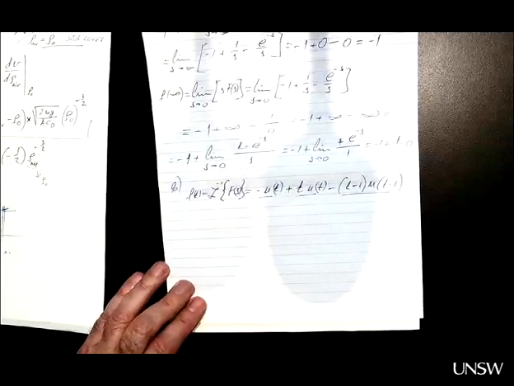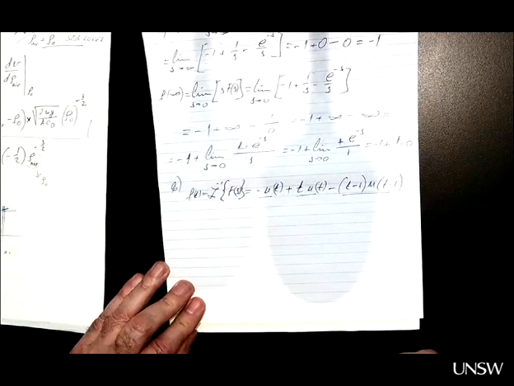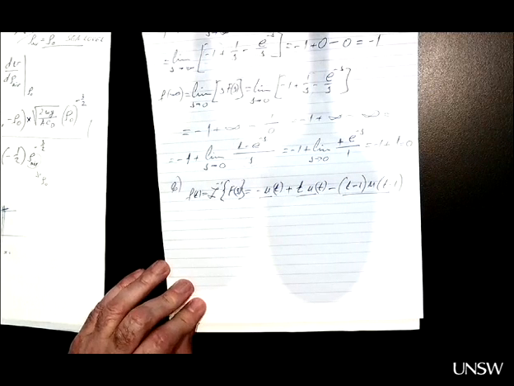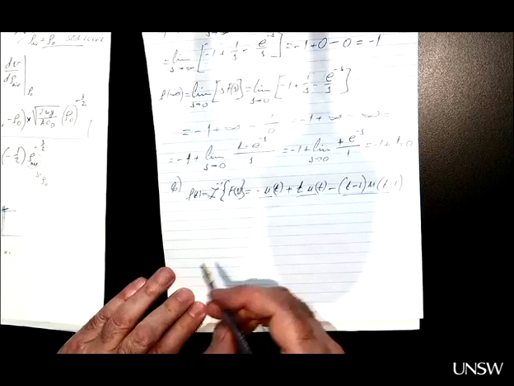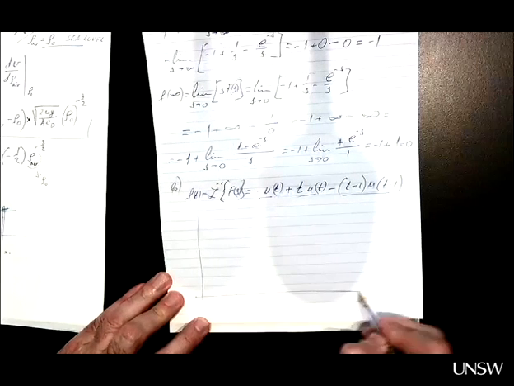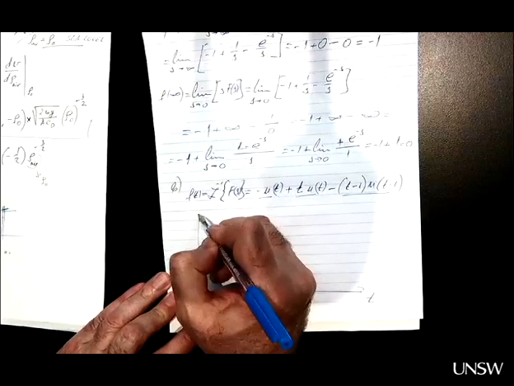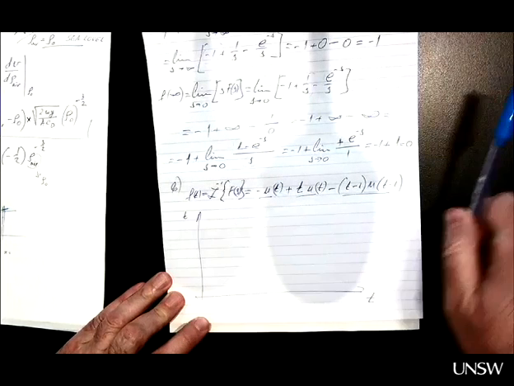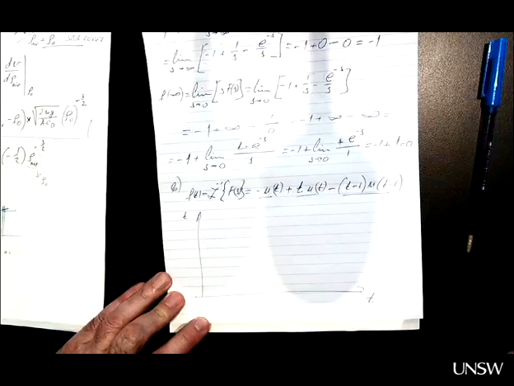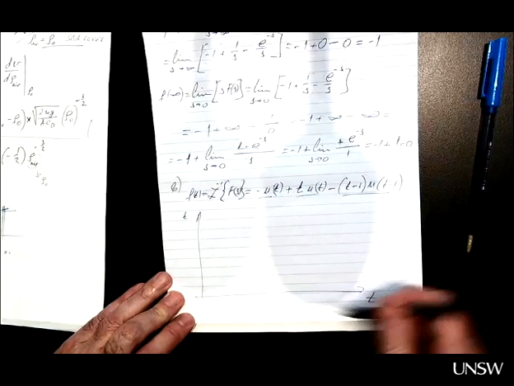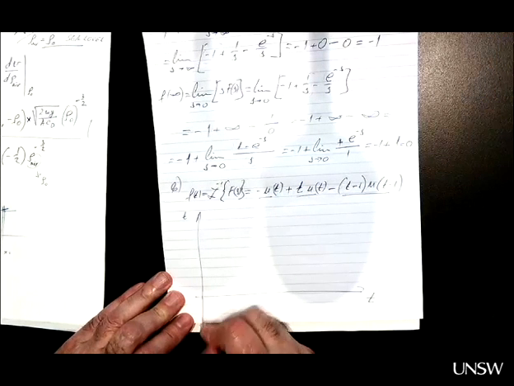And then sketch its graph, so sketch the graph of f of t, indicating clearly all relevant values. So it is f of t. The first one is actually a negative step of 1.